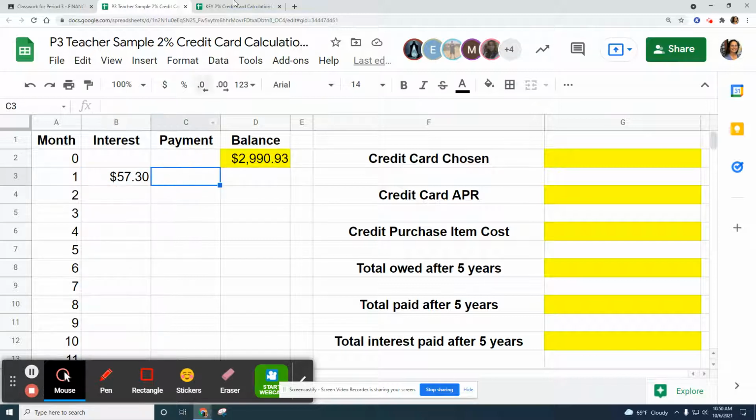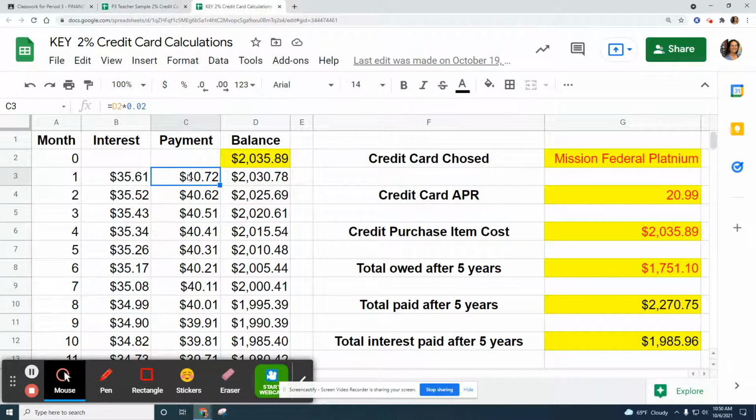Okay, here comes C3. Here comes the formula. This is what most credit cards use. Most credit cards take 2% of your balance, and that's what they make your minimum payment. So we're now going to put in a formula.